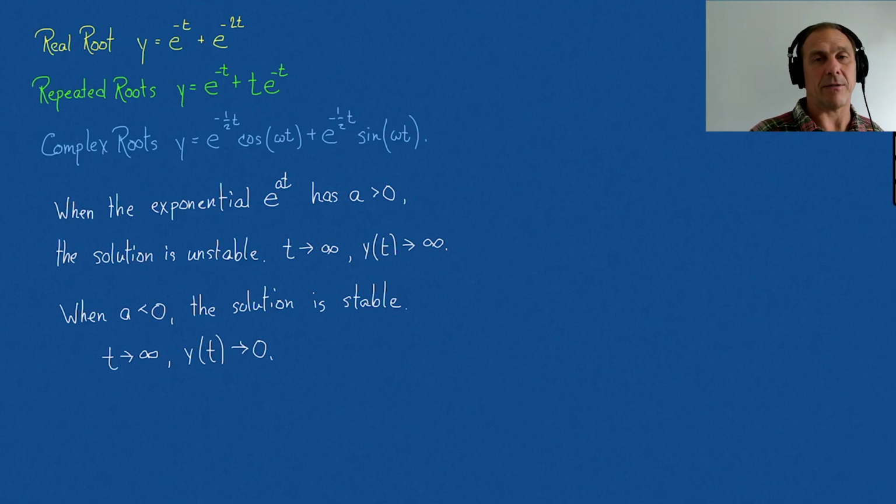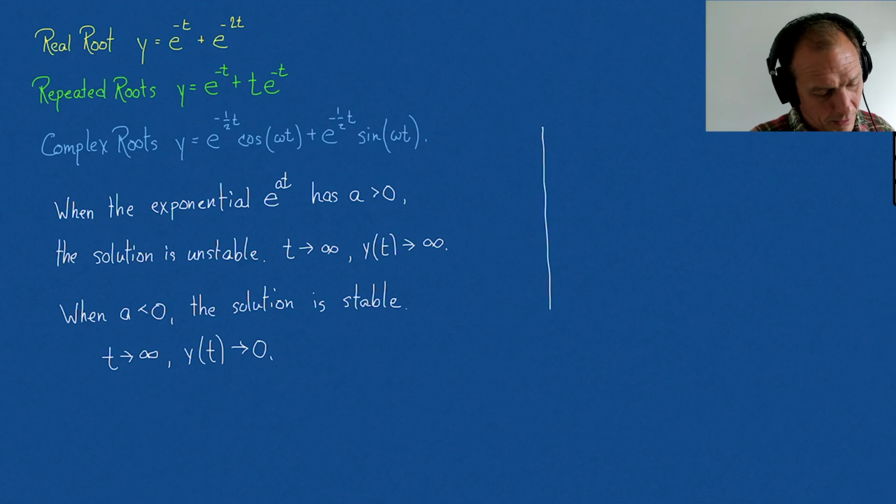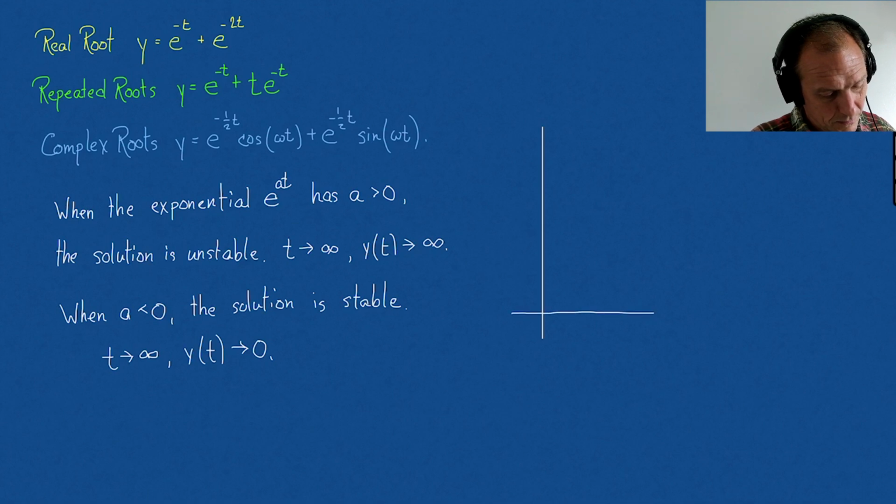Two ideas are that of a swing, eventually it comes to rest, or when you're driving a car and you have the shock absorbers, and I'll explain that in a moment. So let's graph these. Let's graph the real roots.